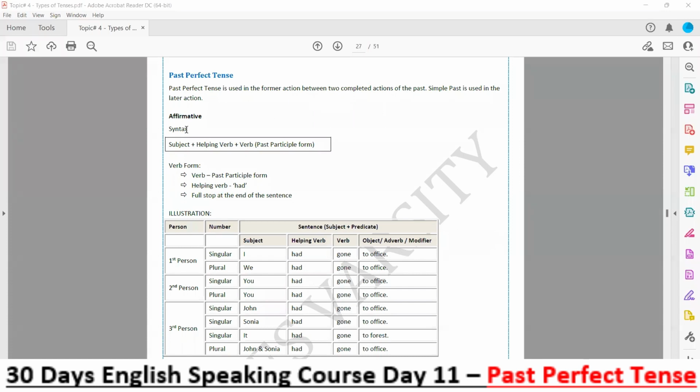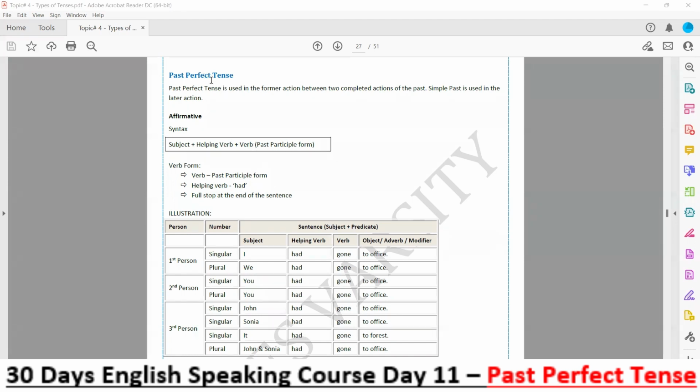Okay, so the syntax for an affirmative sentence: subject plus helping verb plus verb. And as we know, in perfect tense, whether it is present, past, or future, the verb form is always the third form.